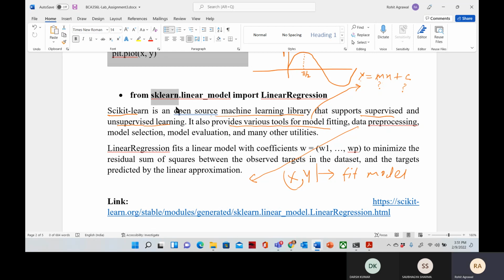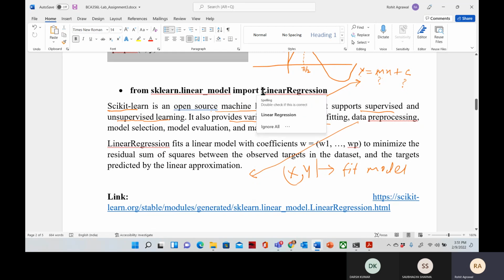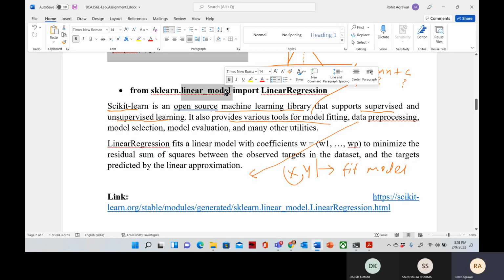Using this library, I have written linear regression here for the example that I am giving in this assignment, but the whole sklearn library will be useful to you. I am talking about the linear model only. In the class, if you remember, I told you the model can be linear and the model can be polynomial. Do you remember?